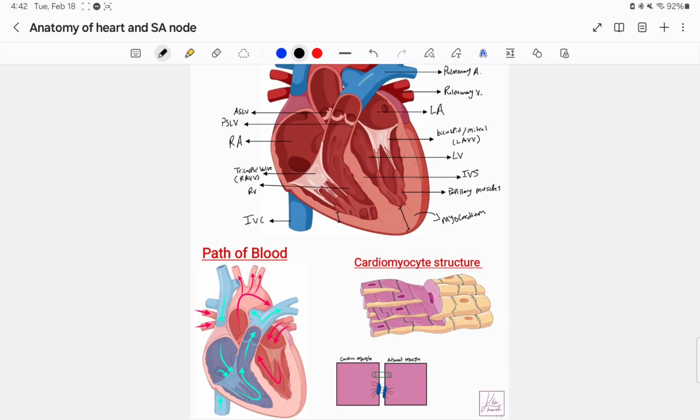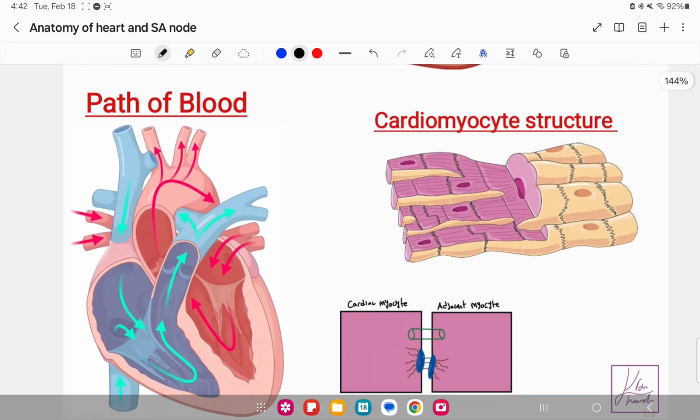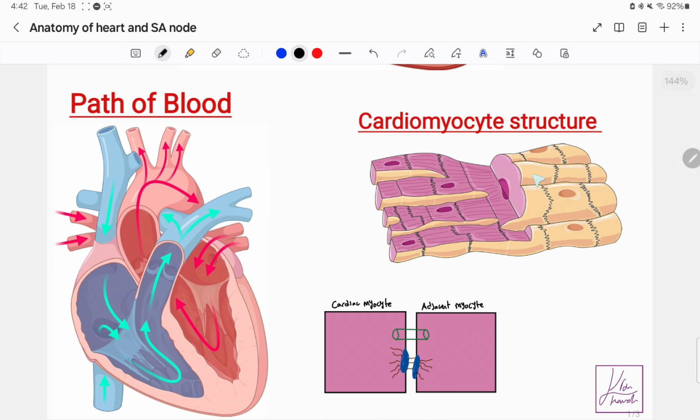Okay, now let's take a quick look at the path of the blood, and then we'll take a look at this, which some of you may not have actually heard about. So the path of the blood, starting from the right ventricle, okay? We're going to start out from deoxygenated blood and then oxygenate that blood, send it out to the rest of the body, okay? So here we go. The inferior vena cava and the superior vena cava bring blood to the right atrium.